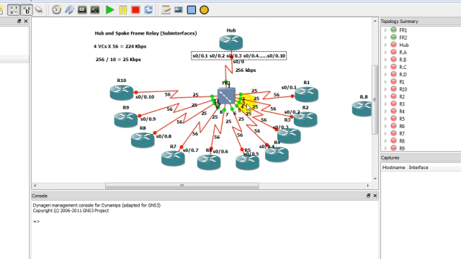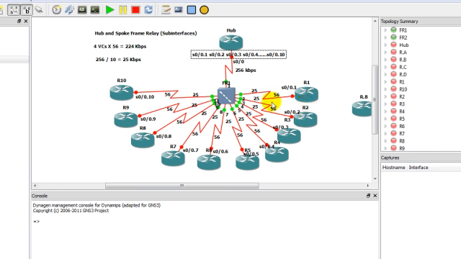But in your scenario you have just 25 kilobits per second. This is too small. So the best one is to use point-to-point sub-interfaces in each router here to contact the hub. Don't use a full mesh here, just point-to-point sub-interfaces.